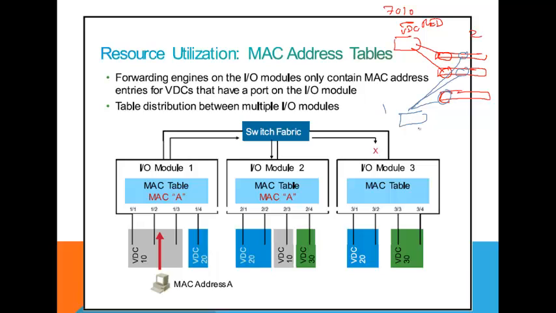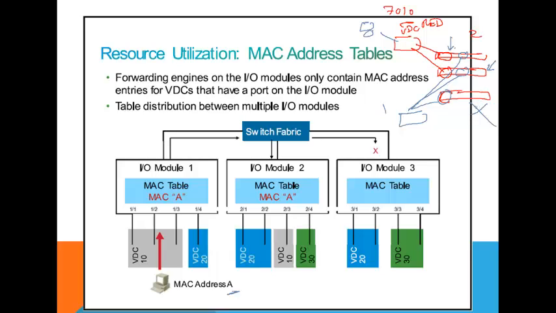Blue VDC. Now how the MAC address learning happens is, when I have a PC, let's say the MAC address is A, the MAC address of A will be learnt on this module and this module, not on this, because I don't have any member of red in this module.